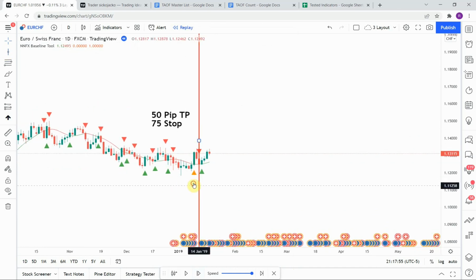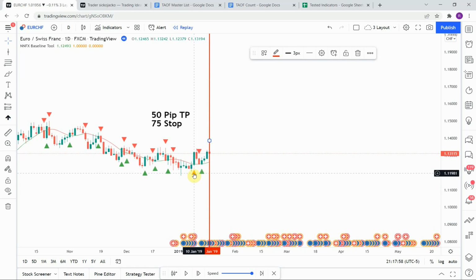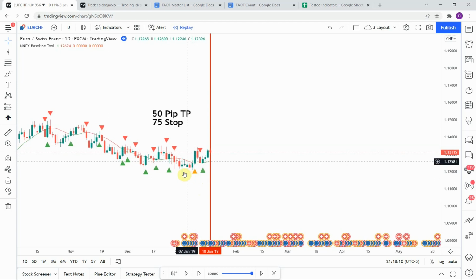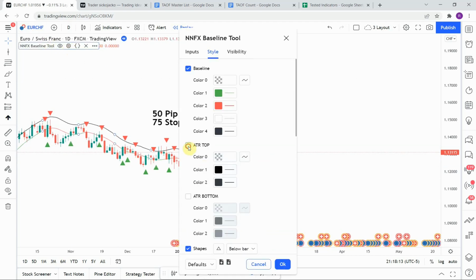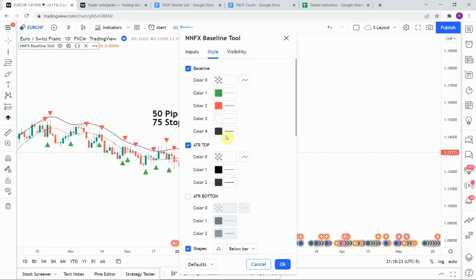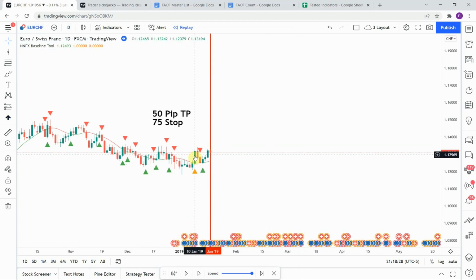Alright, so the first signal that we pick up is a long signal. So this one actually right here is an orange arrow, and that is because this candle right here extends beyond the ATR for that period. And so if I was to go back in and turn on the upper ATR line, you see that this candle closed above the ATR. And so again, if you were following the no nonsense way of trading, then you wouldn't take this particular trade because this candle's too big.